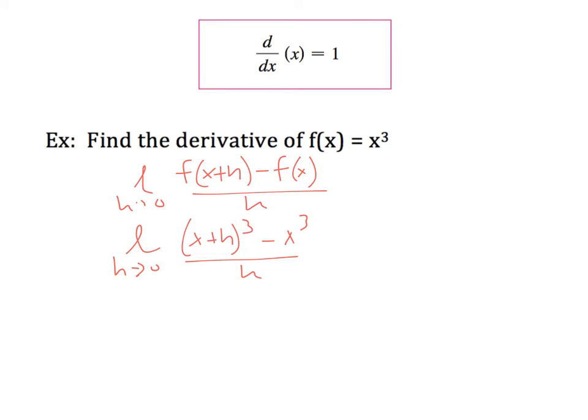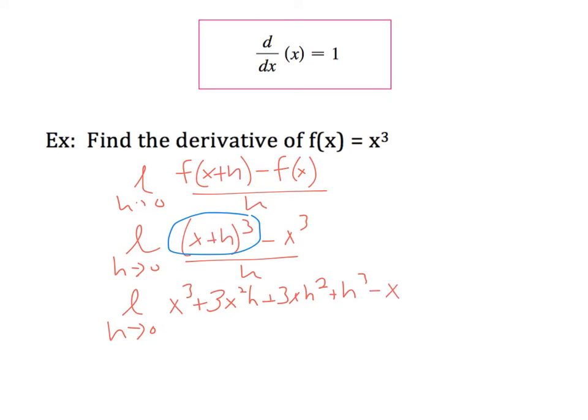Now I could spend some time really multiplying this out, but if you know the binomial theorem here, we can simplify that to the limit as h approaches 0. It becomes x cubed plus 3x squared h plus 3xh squared plus h cubed minus x cubed all over h.